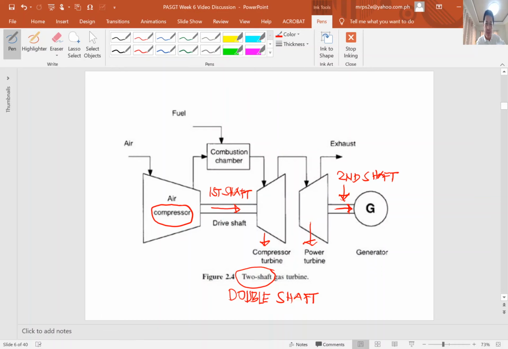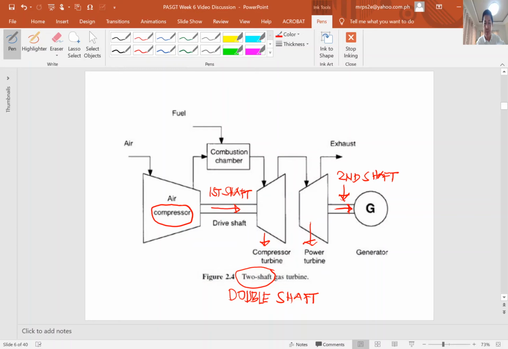So the first shaft is connected from the air compressor to the compressor turbine, and the second shaft is connected from the power turbine to the generator. So they are separate. There is no compressor turbine in a single shaft.